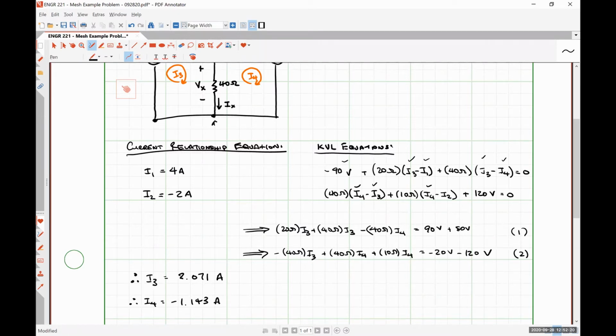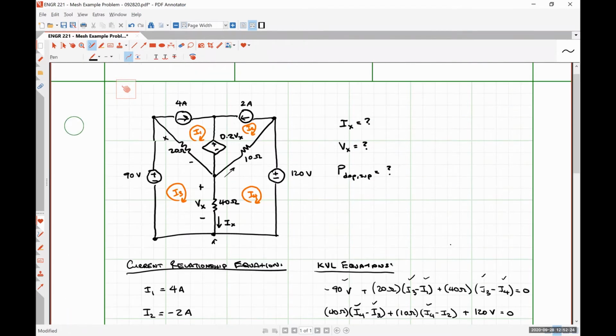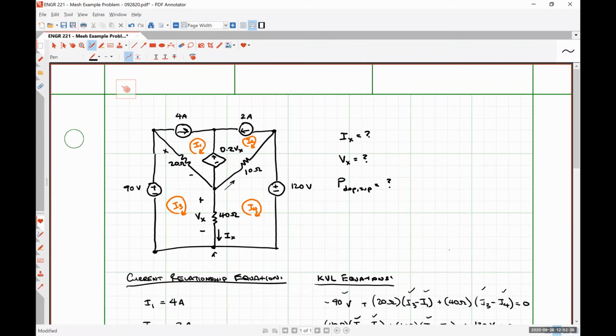So now that we know what all of our mesh currents are, how can we solve for our three quantities of interest up here? So how do we solve for IX? So it's not negative I4. It's the total current flowing down through the 40 ohm resistor, right? So we can't ignore the contribution from mesh current I3 as well.